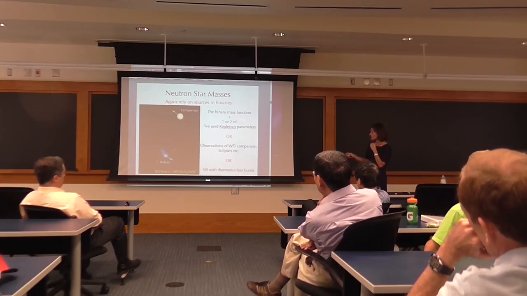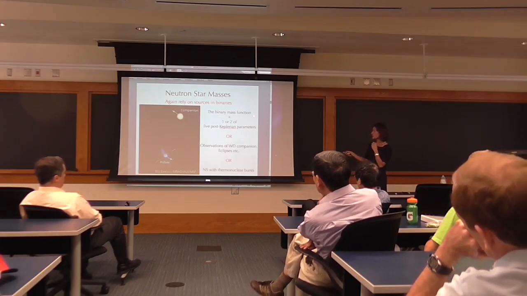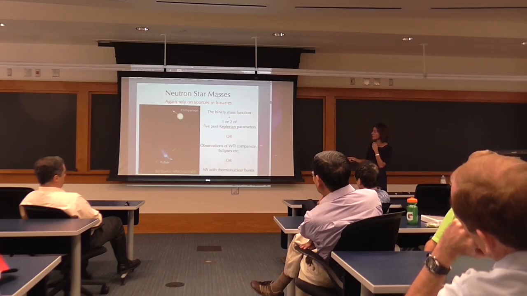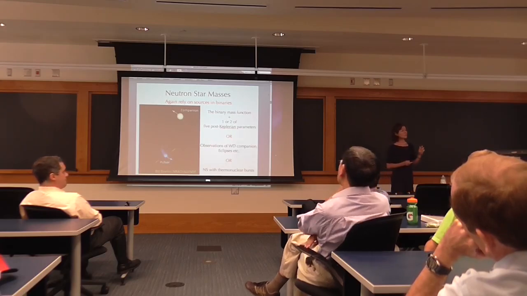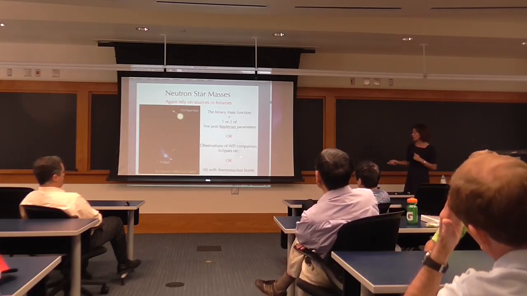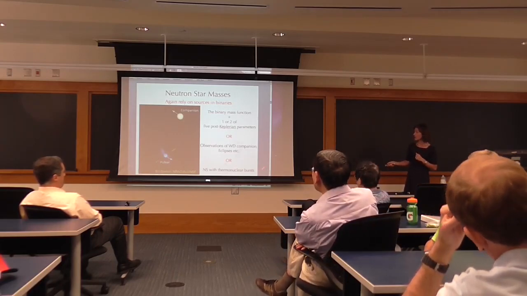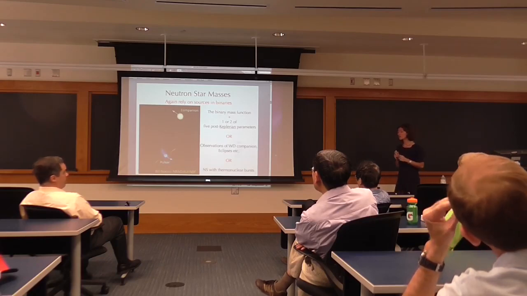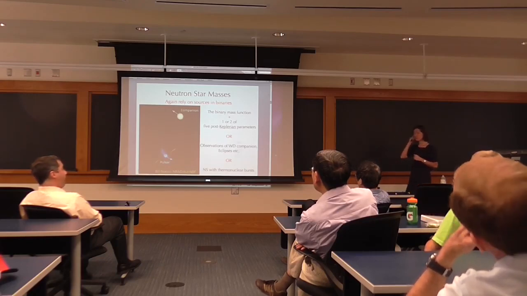Now, either this with the binary mass function, or in some cases observations of a white dwarf companion and spectral modeling of the companion, that gives the white dwarf mass. Or a third category where I will show you some mass measurements with thermonuclear bursts on neutron stars.